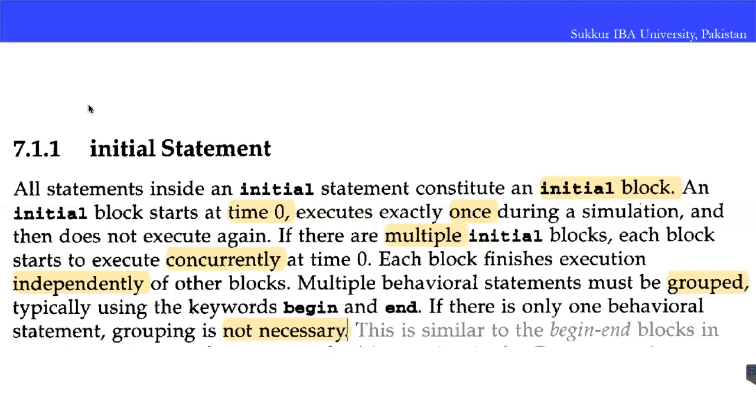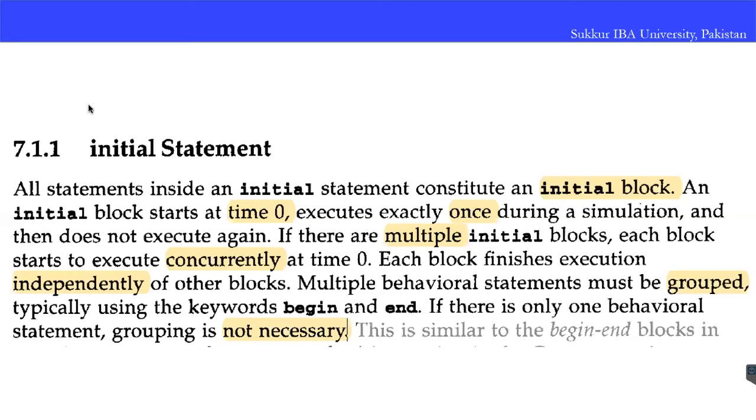If there is no delay in the simulation, all the initial blocks start from t equal to 0. If there are two initial blocks, they will start at time equal to 0 and they will be executed parallelly and concurrently. So all the initial blocks execute independently.